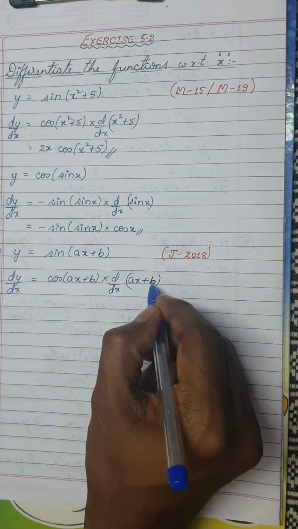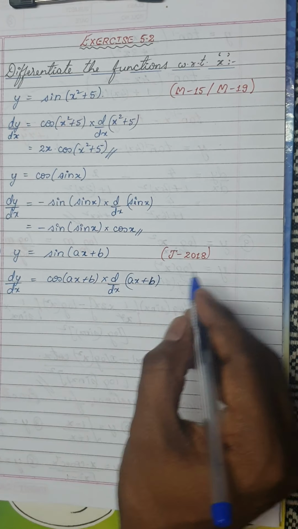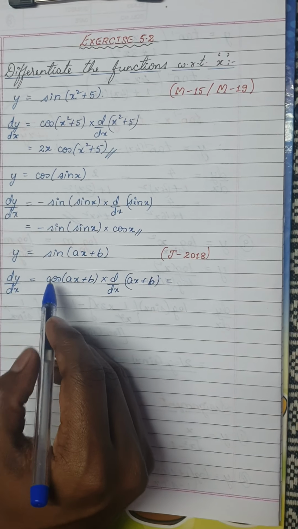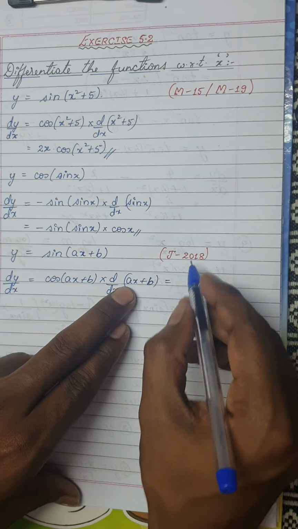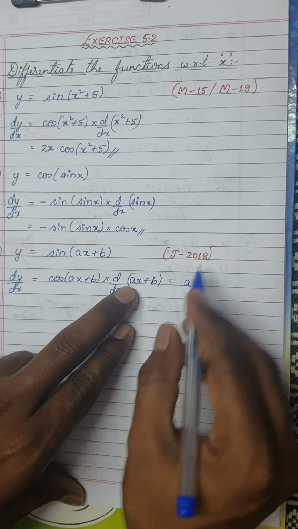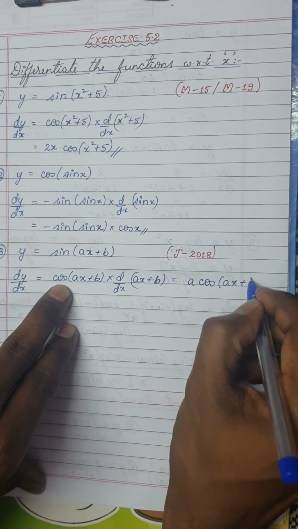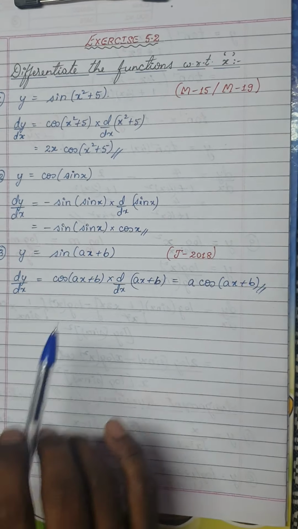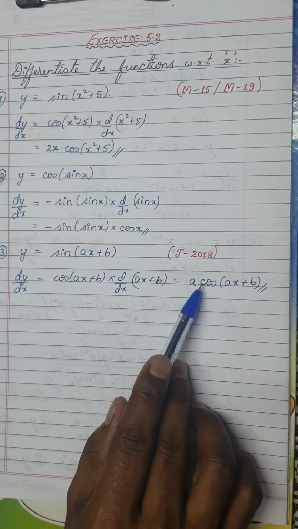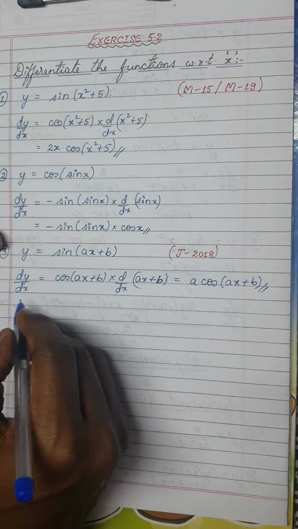Now b is clearly a constant, and the derivative of a constant is 0. So derivative of sine of ax plus b is a into cos of ax plus b.